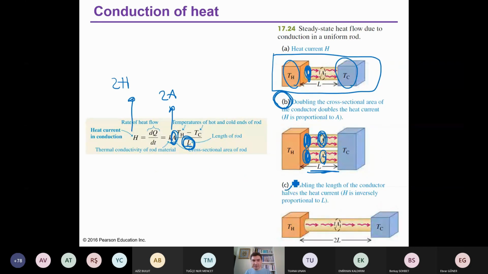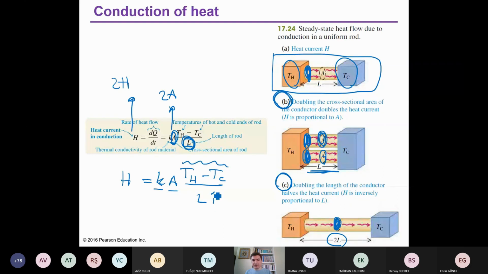And look at figure C here. In this part, area is the same, but I have used a longer rod, okay? Then look at the equation: K A, temperature of the hot object minus temperature of the cold object, over L. Area is fixed, K is constant, and this part is fixed.